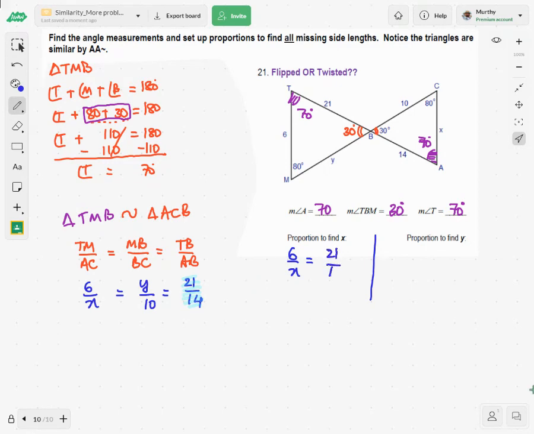And to find y, it is y over 10 equals one known value, which is 21 over 14. As I discussed before, you have to use the cross multiplication method in order to find the value of x and y. Now it is your turn to compute the value of x and y.